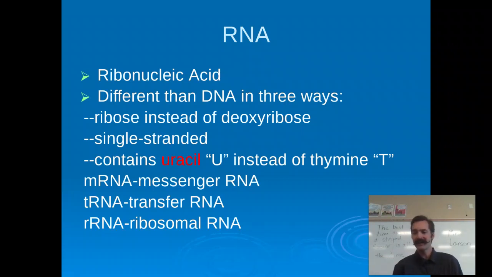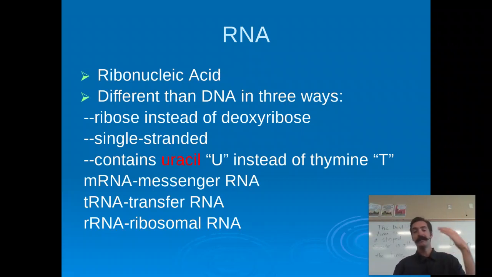What I mean by that is wherever there is a thymine in DNA, you're going to replace it with a U, or uracil. So there is no such thing as thymine in RNA. It is only uracil. So for RNA, the adenine, the A, its best friend is uracil. mRNA means messenger RNA, tRNA is transfer RNA, and rRNA is ribosomal RNA.